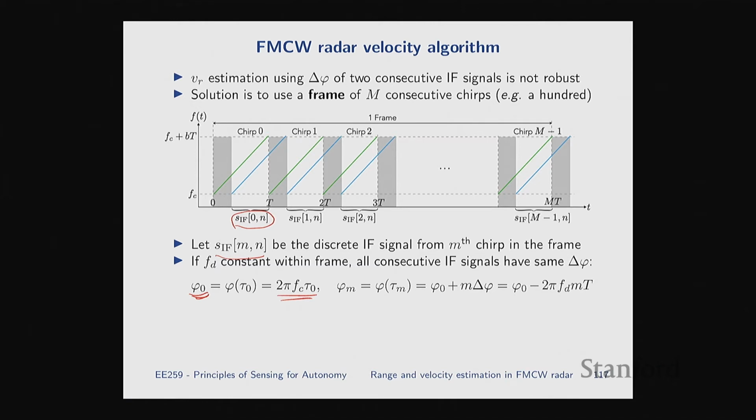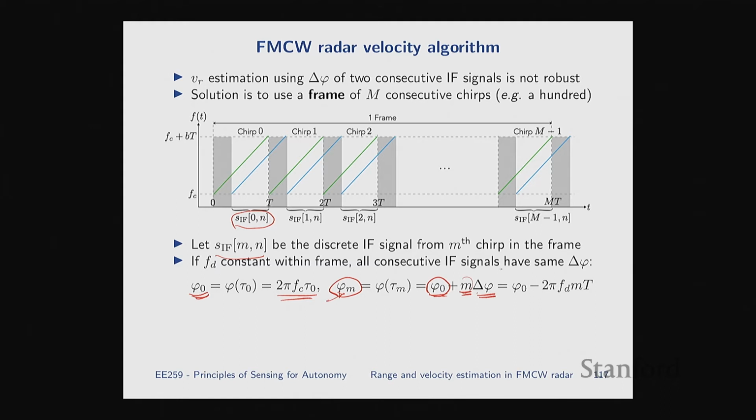But every chirp that comes after that in the frame has a phase phi m, which is phi 0 plus m times delta phi. Delta phi is the phase difference we just calculated between two consecutive chirps. So the chirp that comes after m chirps has a phase difference of m times delta phi with respect to the first one.